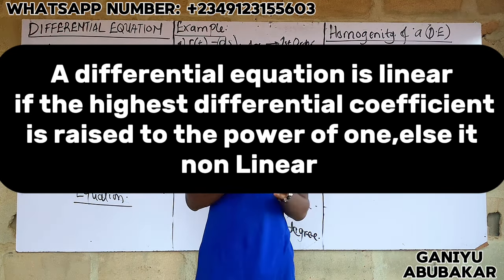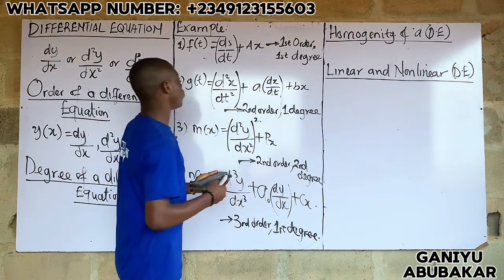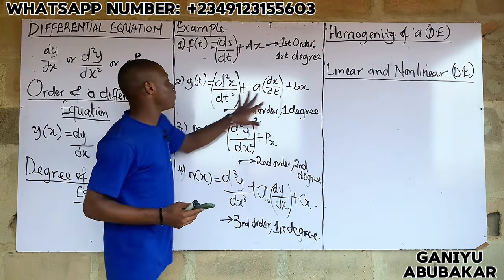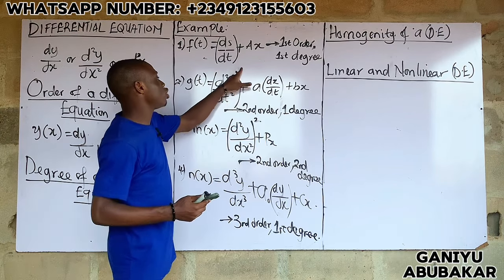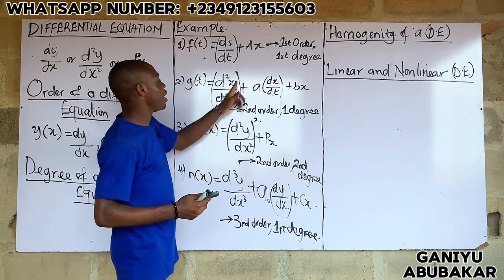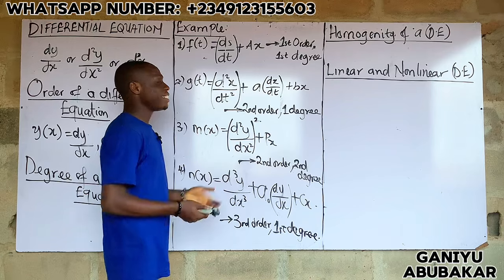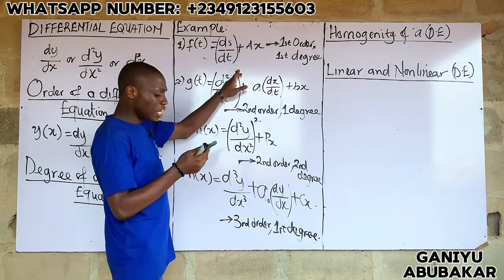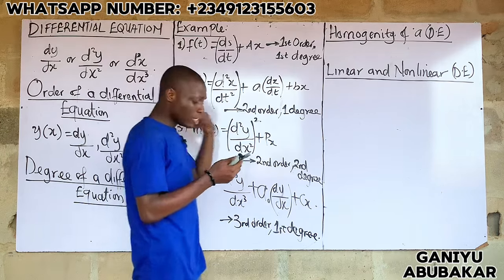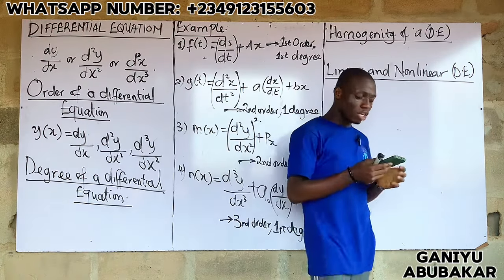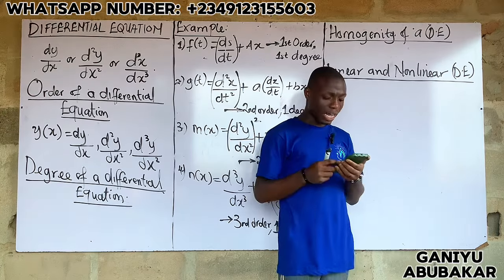Look at this one. The highest differential coefficient here is this one, but it is raised to power 1. So this one becomes what? A linear differential equation. Non-linear is that if the power is not 1, it becomes a non-linear differential equation. Let's take some past questions and solve together.